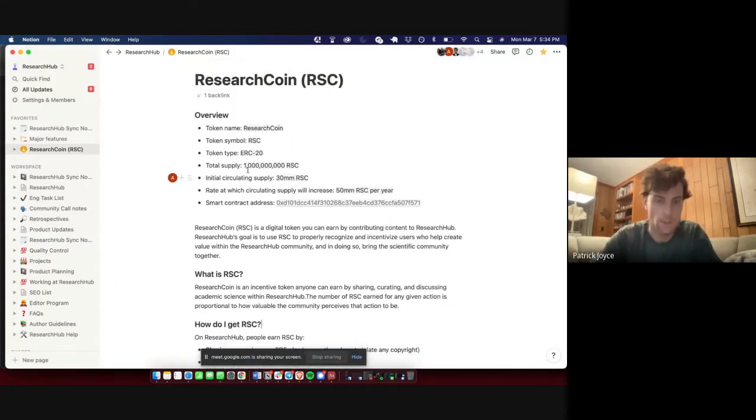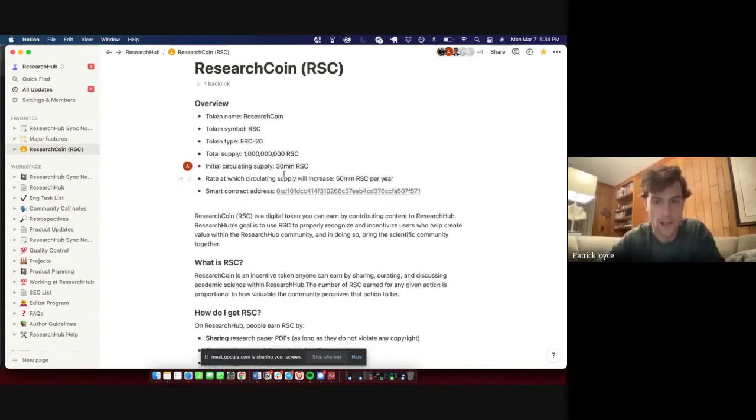The idea is we're starting with 1 billion total tokens. About 3% of the supply is circulating right now, so that's in people's Ethereum wallets or in their ResearchHub app accounts. It's actually slightly higher than this, but it's near 3%.